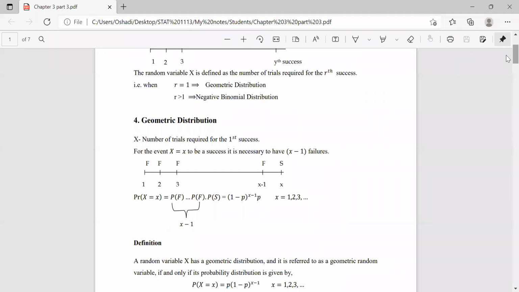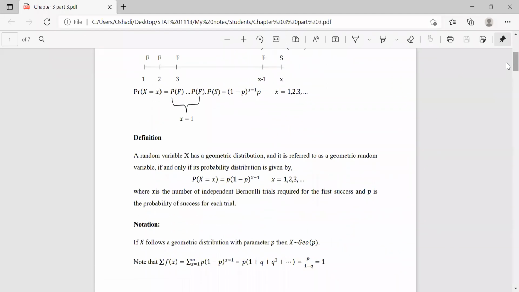So we define the probability distribution. Since the Xth trial is the first success, there should be X minus 1 trials that are failures.